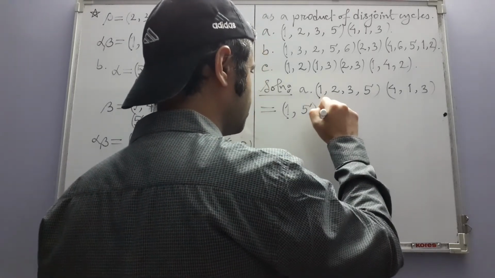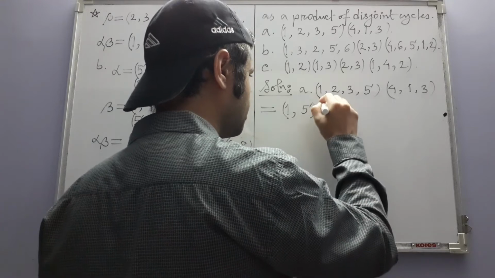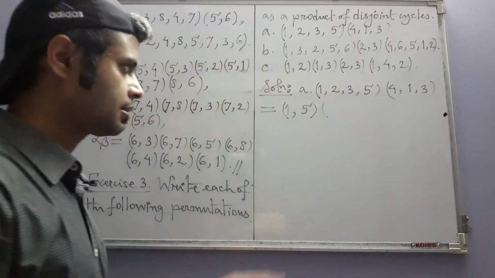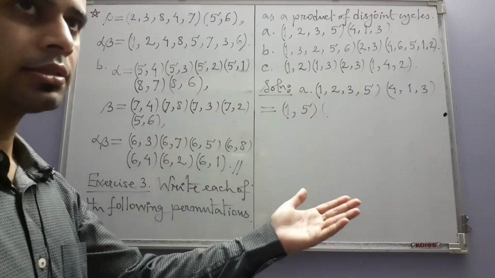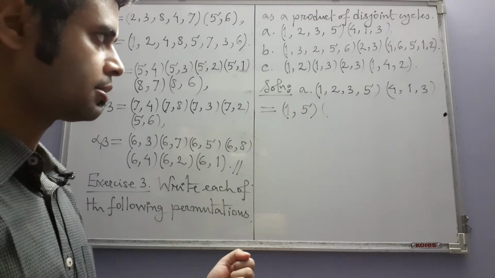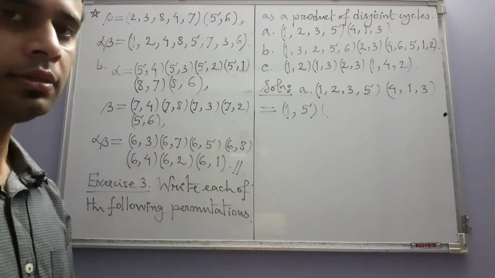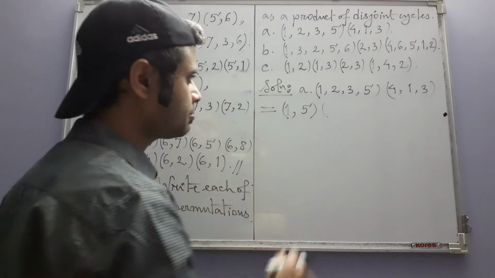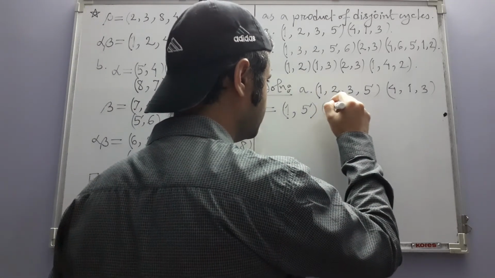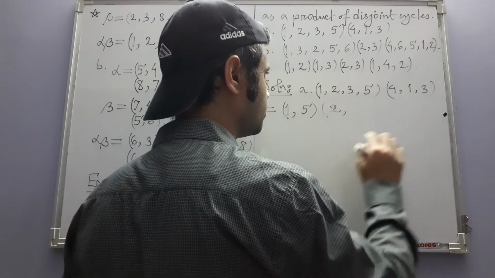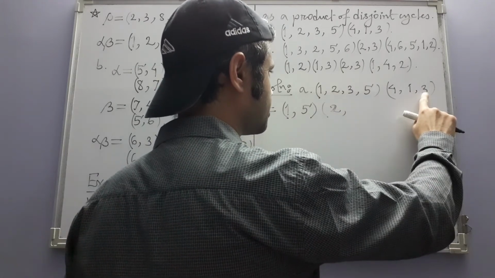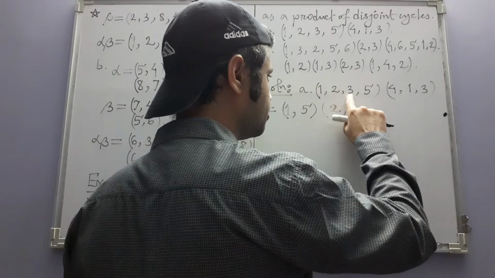Then let us start with 2. Whenever you finish writing a cycle, you look for a symbol that does not appear in the cycle and then start from there. That symbol can be any of the remaining symbols. So let us start with 2. 2 is not changed by this one, and this one sends 2 to 3.